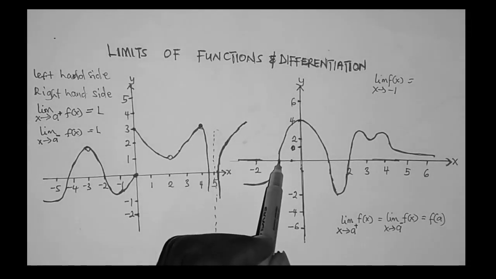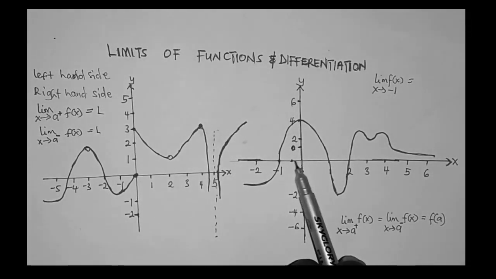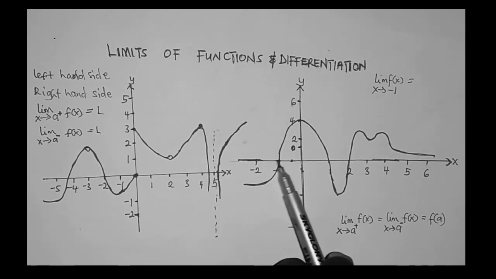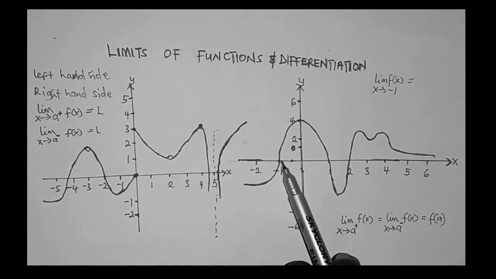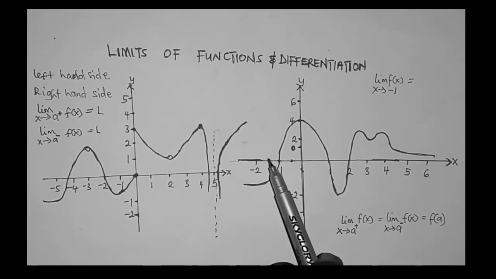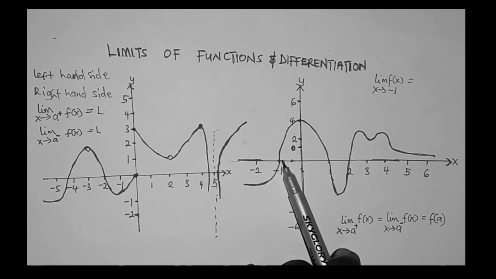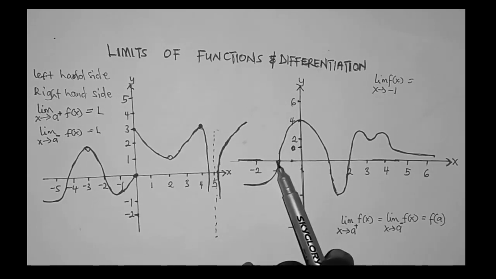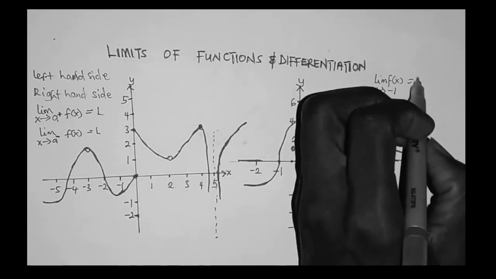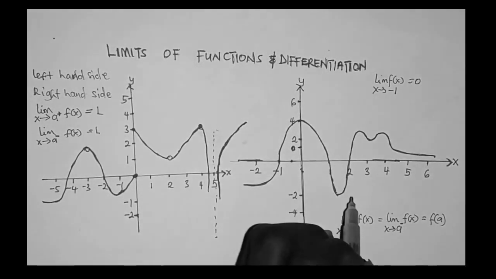And as we approach minus 1 from the right hand side, the function still approaches 0. So the limits from the left hand side and the right hand side both approach 0, and therefore this is equal to 0.